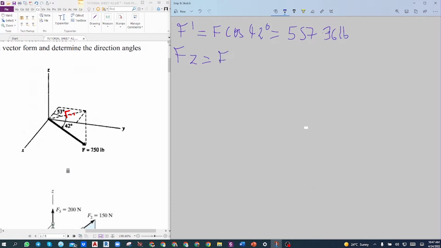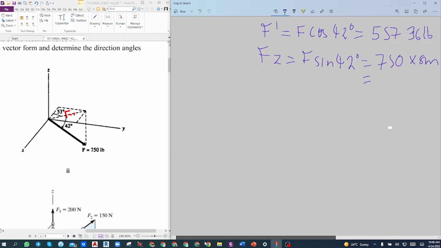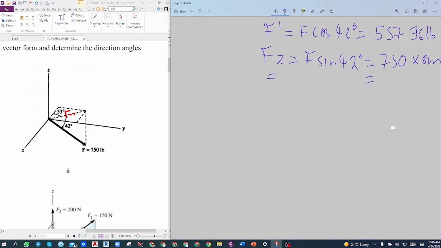So it will be F sine 42 degrees, which is 750 times sine 42 degrees. This will be equal to 501.85 pounds.